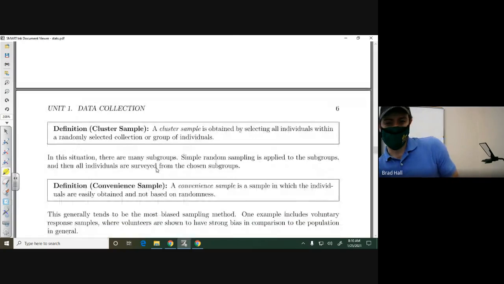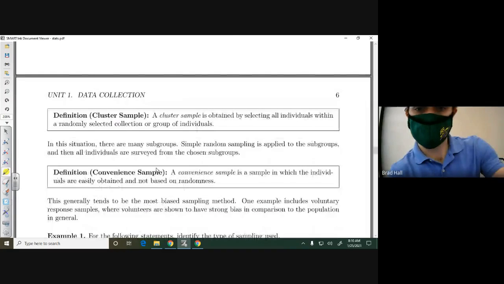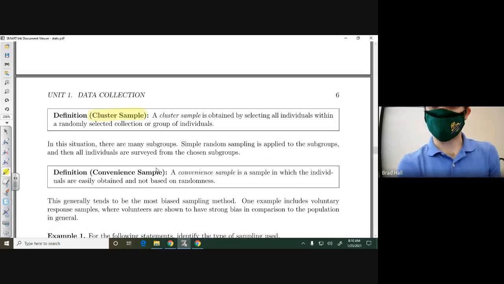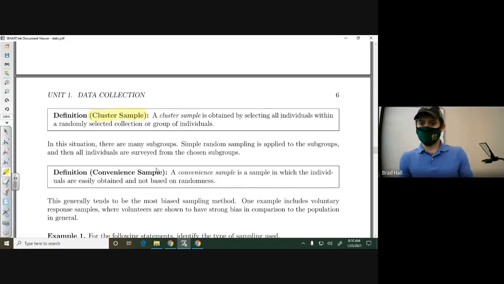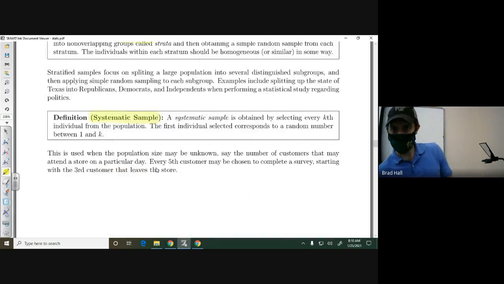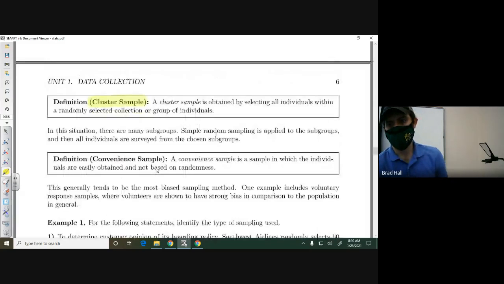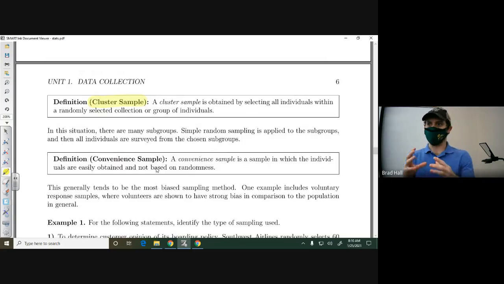We have a cluster sample as well. This one almost sounds the same as the stratified one, because with clusters, you may think this is also the strata mentioned in the stratified sample.